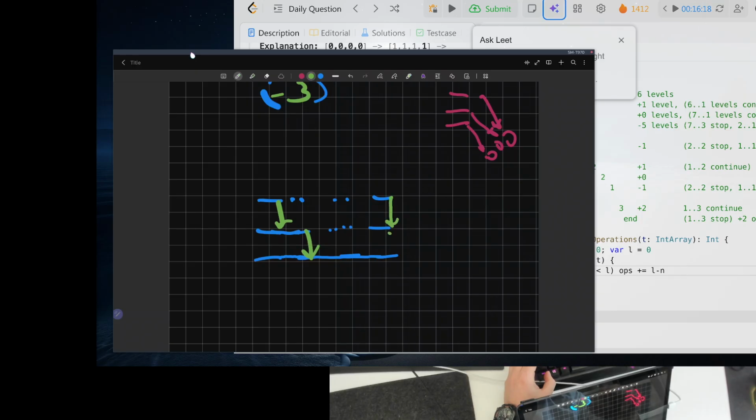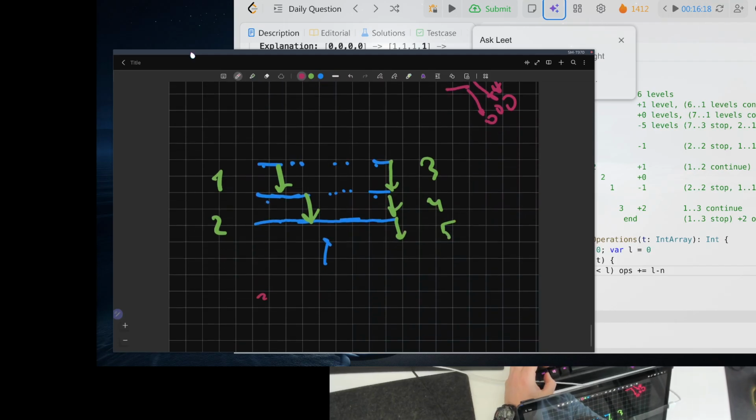And if we pay attention to this end, we can see that we can count the number of islands. The number of islands is the number of ends of each island. How many ends do we have? This is 1, 2, 3, 4, 5. And the number of islands is 1, 2, 3, 4, 5.